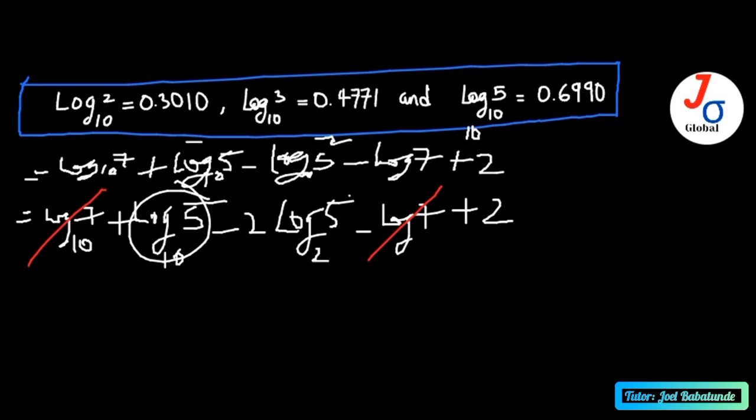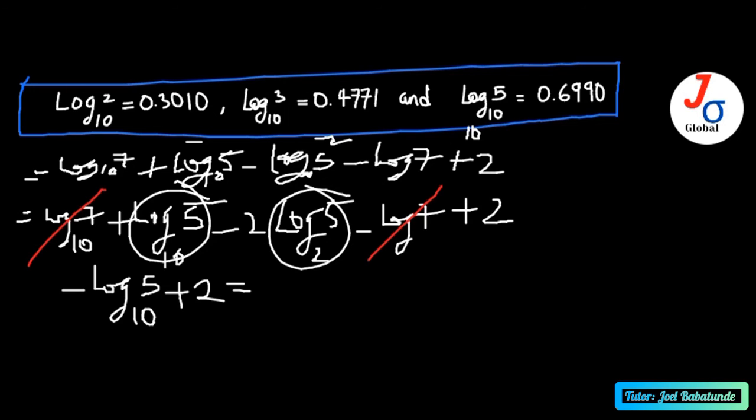Since both of these are the same, we can just say 1x minus 2x, where log 5 base 10 is the x, so 1 minus 2 is minus 1. So what I'm going to have is minus log 5 base 10 plus 2. And remember that log 5 base 10 is 0.6990. That will be minus 0.6990 plus 2. And so that gives us 1.301.